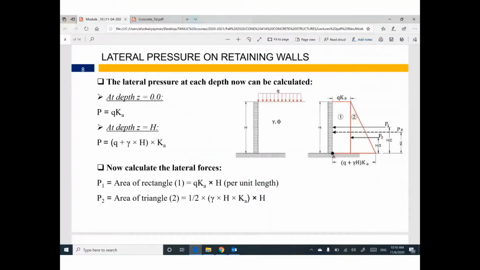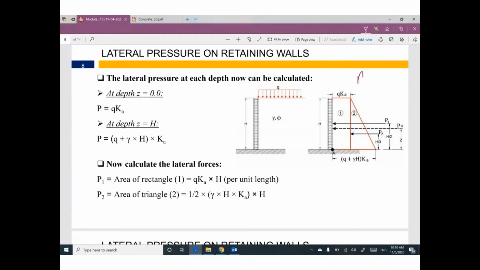I started with retaining wall. And I told you we have a side called active earth pressure, and we have another side called passive earth pressure.